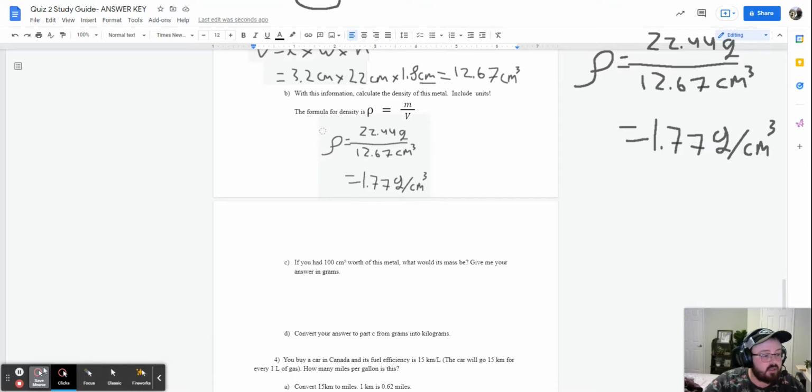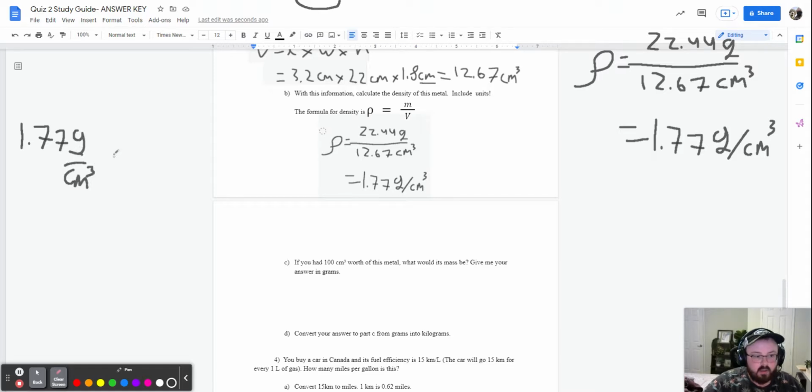I'm going to show us how to do this. All right, so we go back to our formula, density is 1.77 grams per centimeter cubed. We don't know what the mass is, so I'm going to use M just for mass, to show consistency.